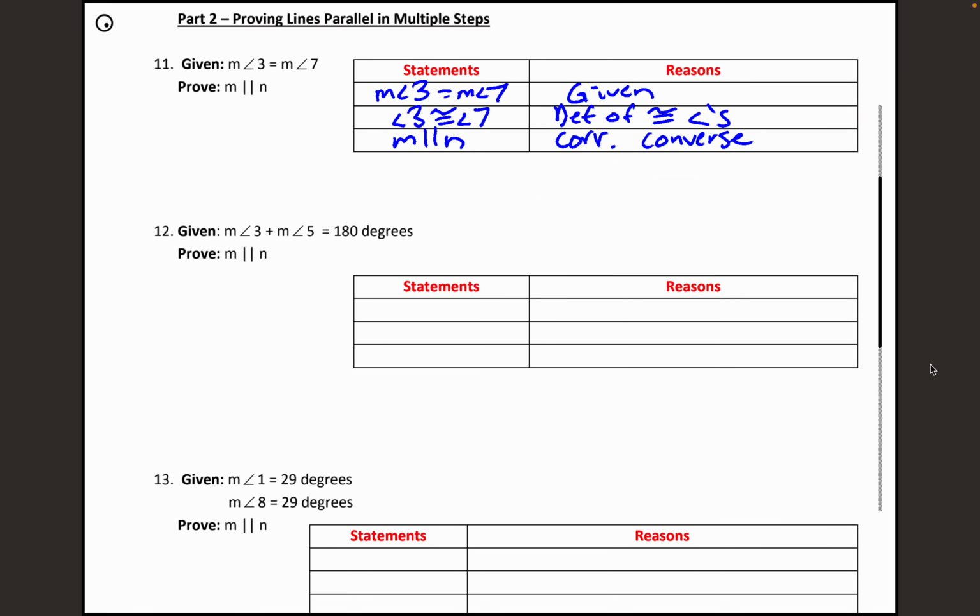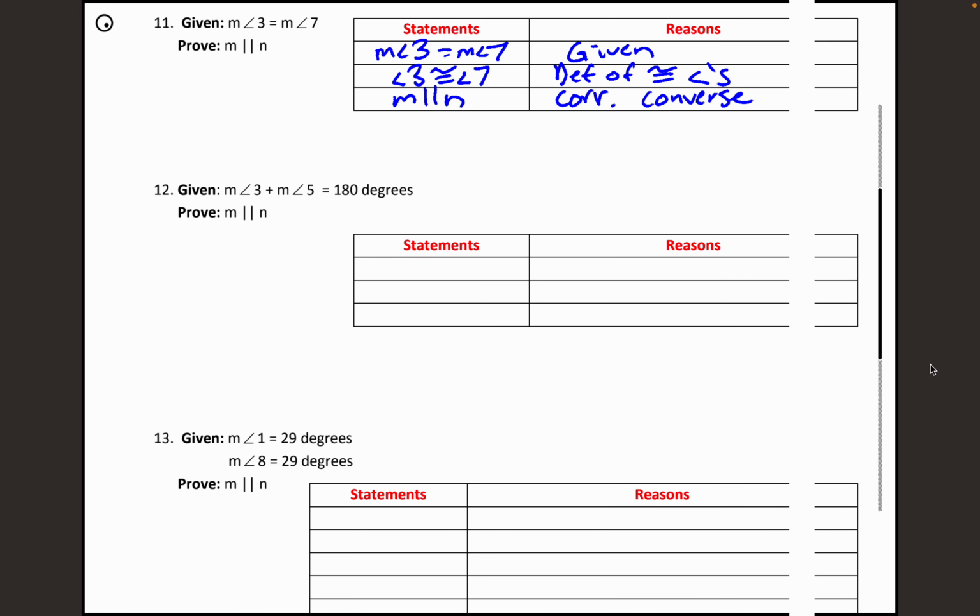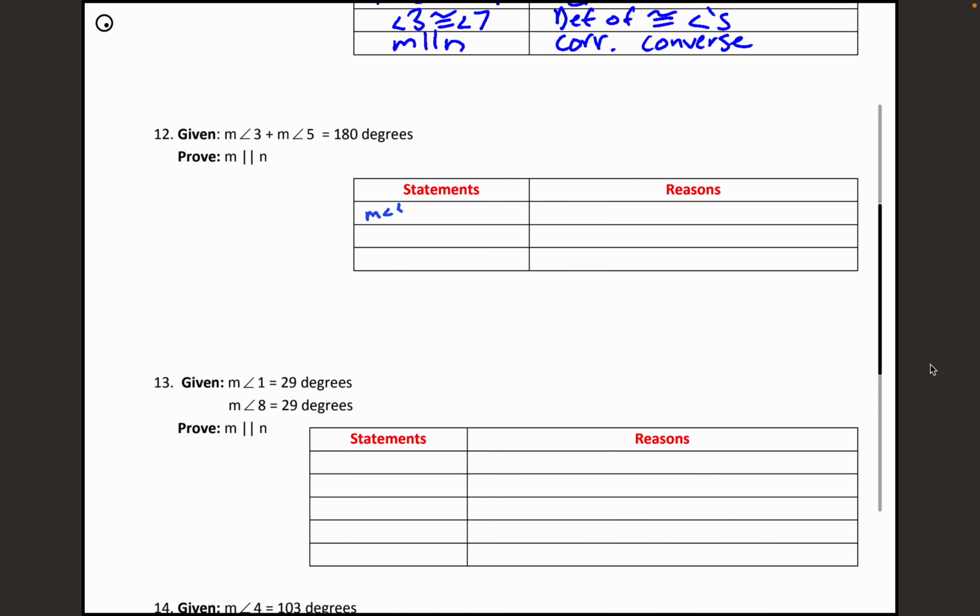All right, let's look at number 12. Fill in what you automatically know. So go ahead and do that. Okay, this one, the two angles added up together equal 180.